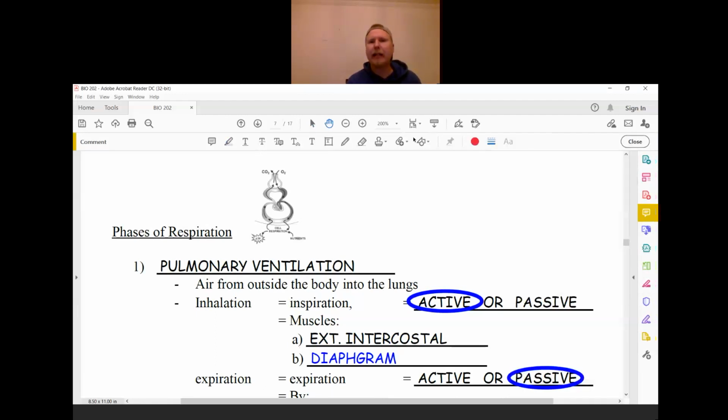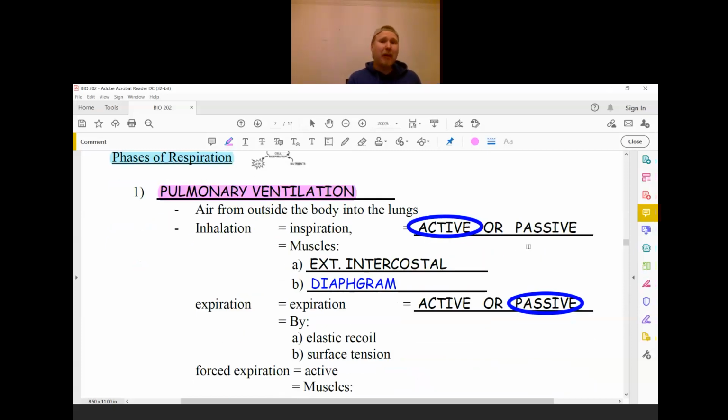And again, let me highlight. And the first phase is typically described as the pulmonary ventilation. So what pulmonary ventilation describes is really simply bringing in the air from the outside world to the lungs and all the way to the alveoli.